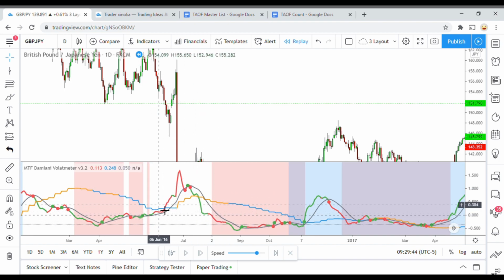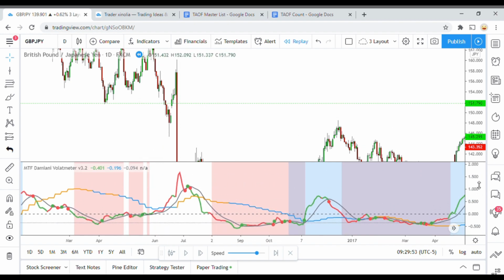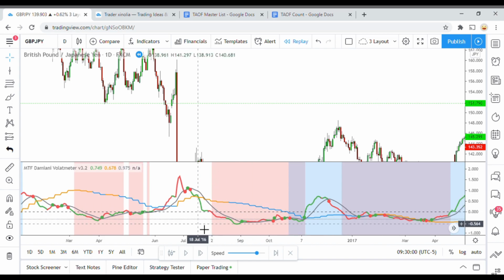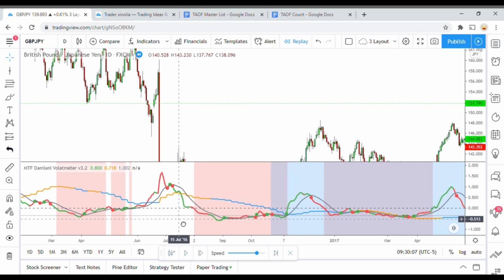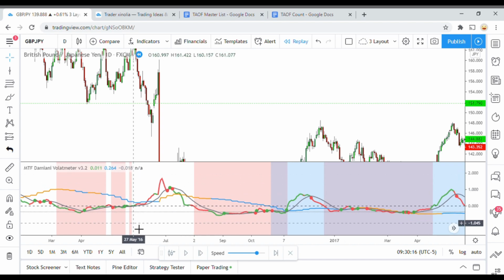So the gray line, only when it's above the gray line, we would take trades depending on the color of the oscillating line. So when it is green, we would take longs. When it is red, we would take shorts. Again, if you want a more detailed explanation than that, you can go back and watch the last video on it, titled the Damiani Volatmeter, where I break it down in a little bit more detail and at more length.